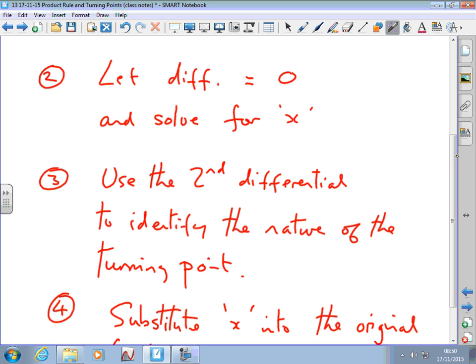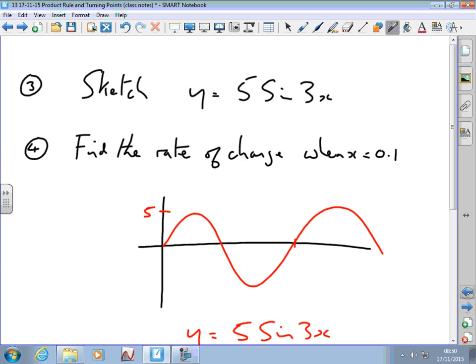The second differential tells us the rate of change of the rate of change. So if we look back at the function we were just looking at, if the gradient function is turning from positive to negative, that's a maximum. So if we find the second differential, the rate of change of the gradient function, and find that it's going from positive to negative, then that means it's a maximum.